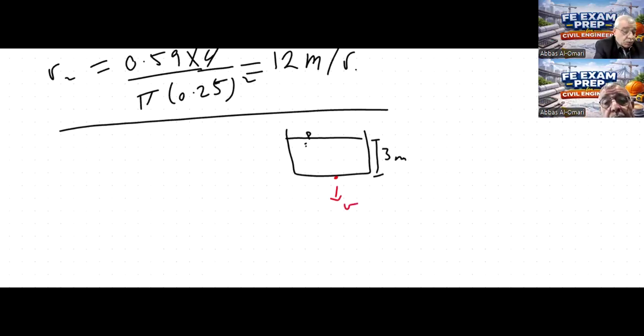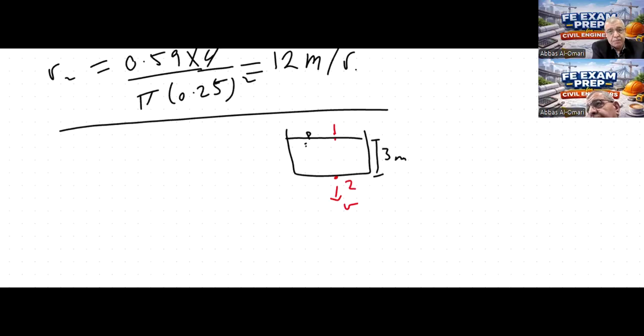So here, in this case, we apply the Bernoulli equation between point 1 at the water surface, and point 2 at the orifice. Now, when applying the Bernoulli equation to a fluid, static or moving, we can apply it between any 2 points within the fluid.